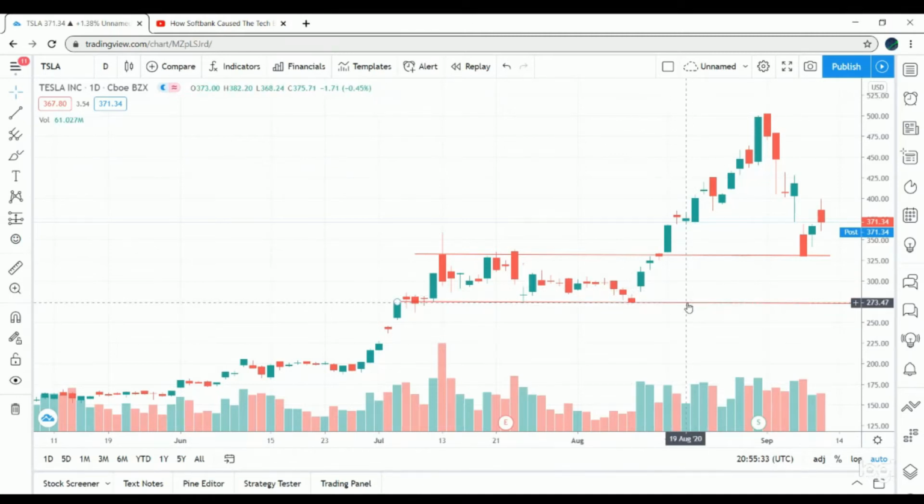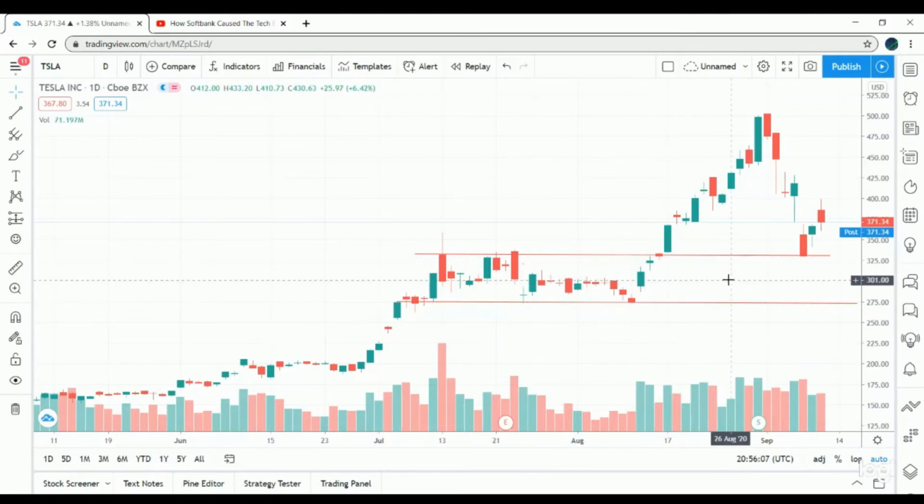I cannot see it going lower than this point right here, around 270, just because there are so many very strong support and resistance lines between where the stock is right now and lower than this point, right? And also I think that Tesla as a company has gone too far to fall under this point ever again. So I expect Tesla to always be above 274, right? I expect this to be the absolute bottom.